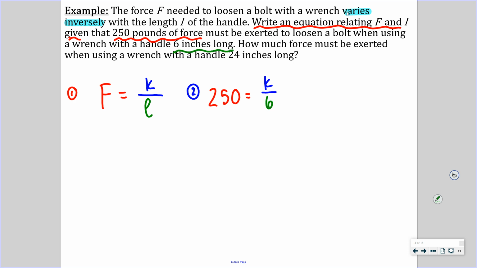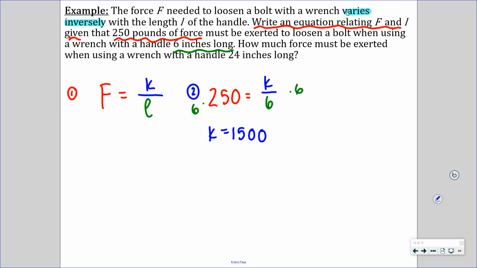So that's your L. Here's the data they're giving you so that you can write a specific equation. To solve for the constant, you just need to times this by 6. So that K value here is 1,500.